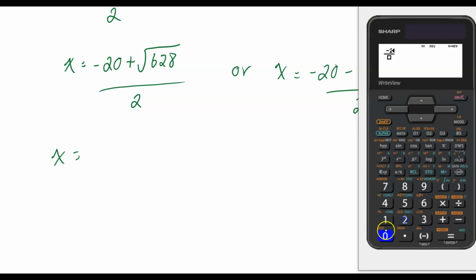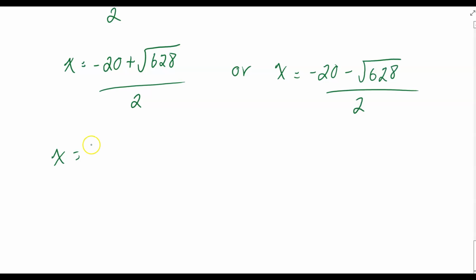So negative 20 plus the square root of 628 over 2. This calculator will display it in radical form, but let's just go to decimal. 2.53, okay?